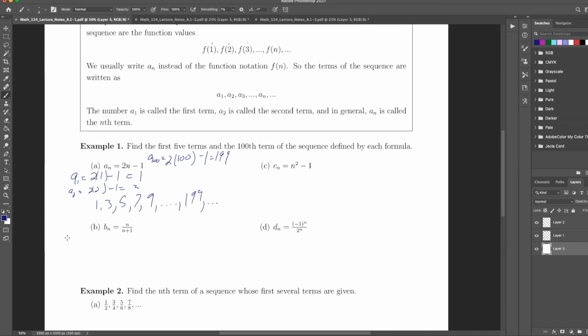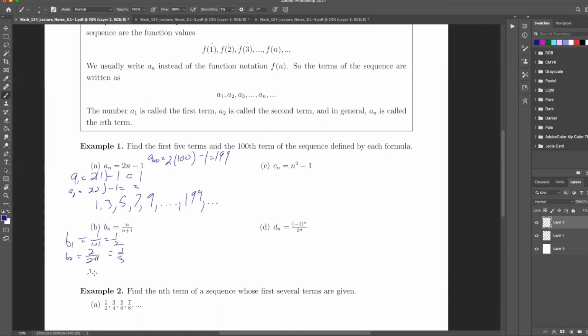Here, we can just do the same thing. So b1, in this case, would be 1 over 1 plus 1, which is a half. Here, b2 will be 2 over 2 plus 1, which is 2/3.